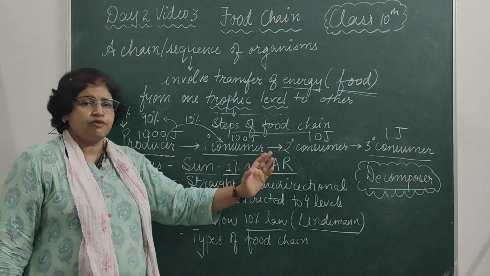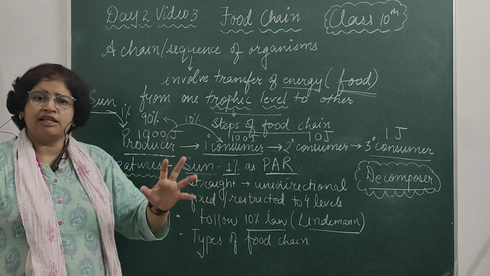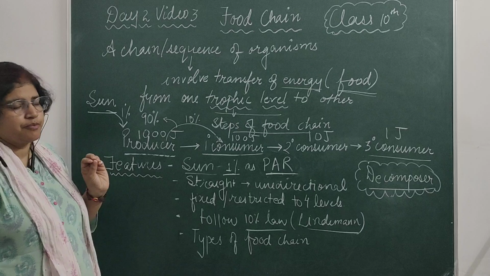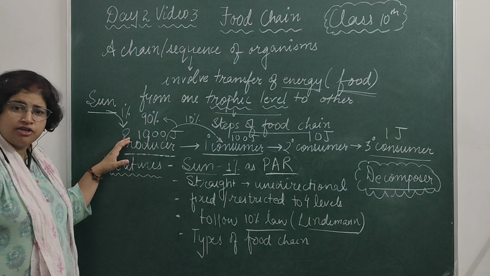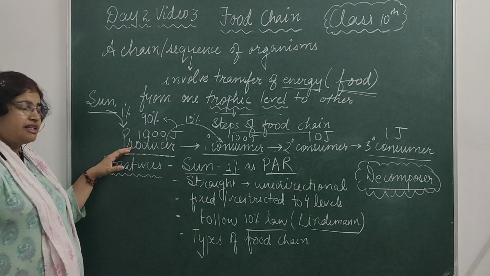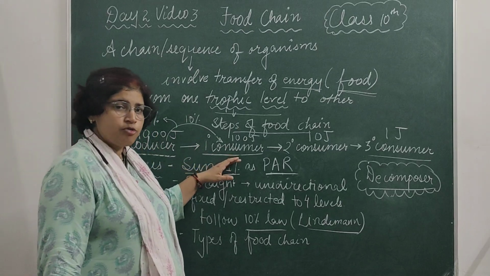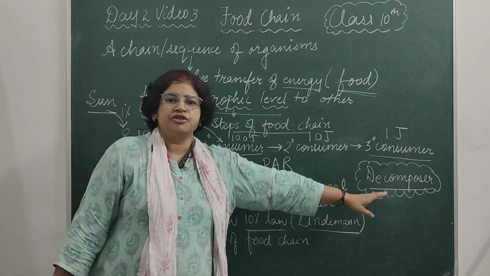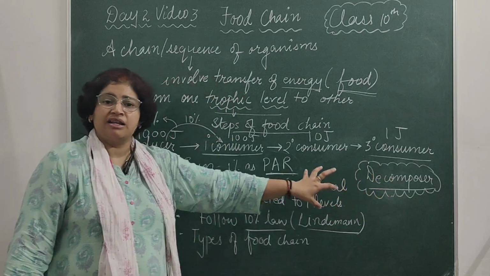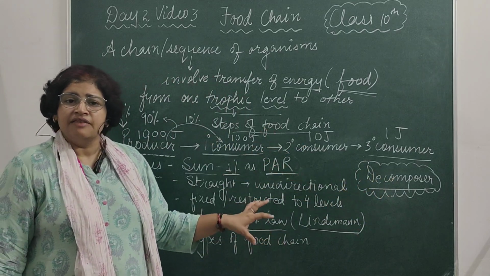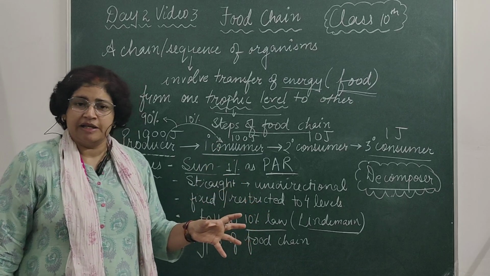All these organisms we studied yesterday in case of biotic components of ecosystem. So producers, they are utilizing only 1% of energy for preparing their food and then transferring energy to primary consumer, then secondary and tertiary consumer. Decomposers, they are meant to convert organic matter into inorganic matter, they are increasing the soil fertility.